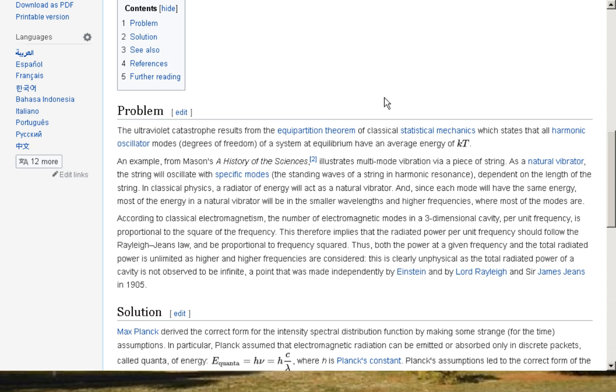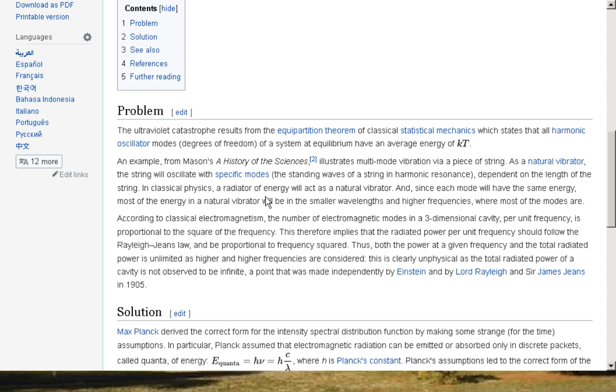Let's read this. Results in the equipartition theorem of classical physics, which states that all harmonic oscillator modes of a system at equilibrium have an average energy of kT. That's the Boltzmann's constant. Illustrated, a natural vibrator, a string, will oscillate at specific modes, the standing waves and harmonic resonance, depending on the length of the string.